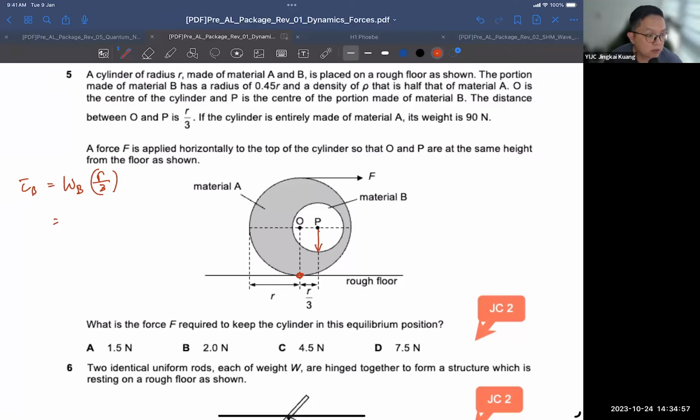So it's pi times 0.45 R squared times D, which is the volume, times the density of B, times R over 3.